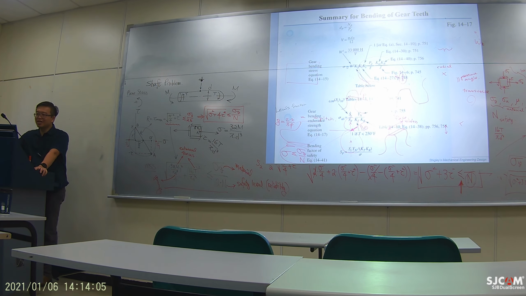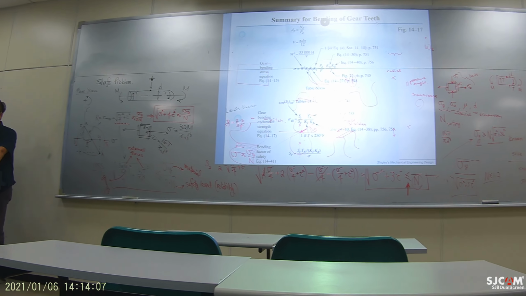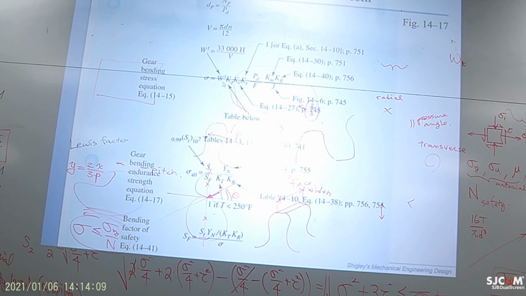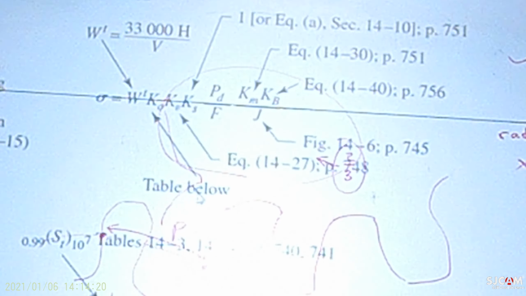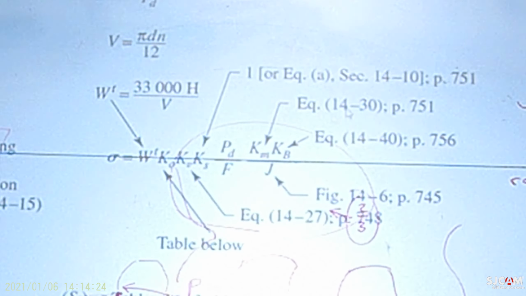Basically, the bending stress for the gear tooth equals the transverse force, and then a lot of K's. All the K's represent some coefficient. And the book tells you, if you want to compute this K, go to a certain page number. And then this is the limit.